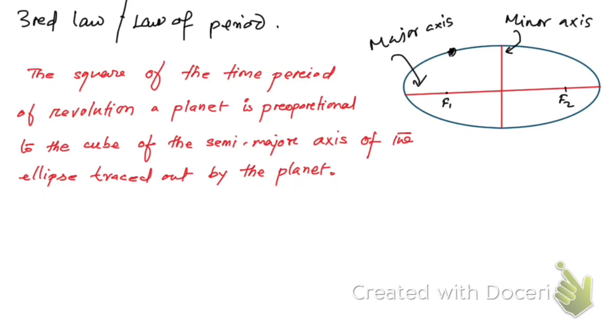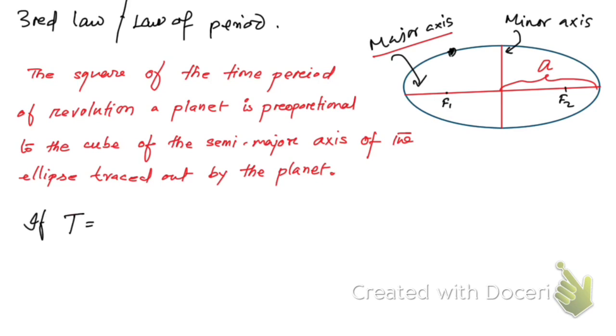Now suppose we know that this is the major axis, and the length of the semi-major axis, that means half of the major axis, let it be a, and T be the time period of revolution.